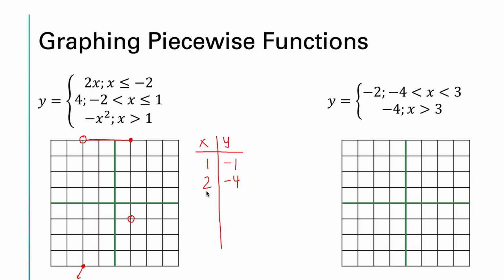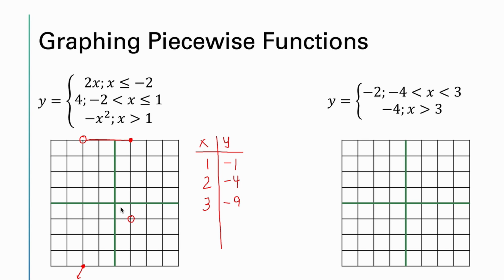So we cannot have -1 because that would follow a different rule, if you get my meaning. So let's put 3. 3 squared is equal to 9 times the negative is -9, and so on. And since we don't have enough room for this one, we're just going to go to -4.